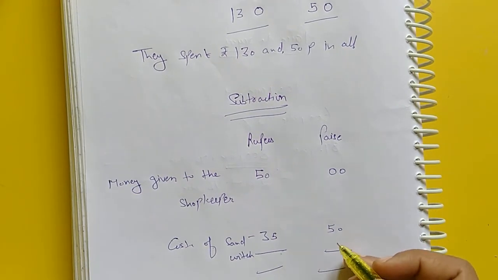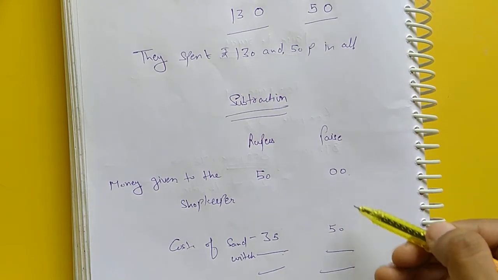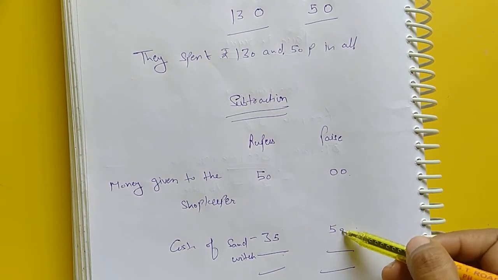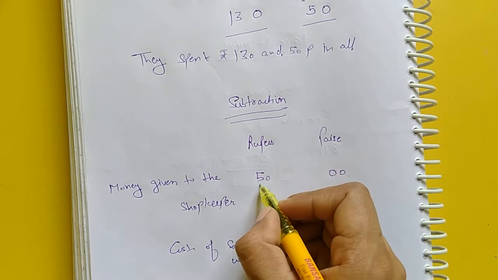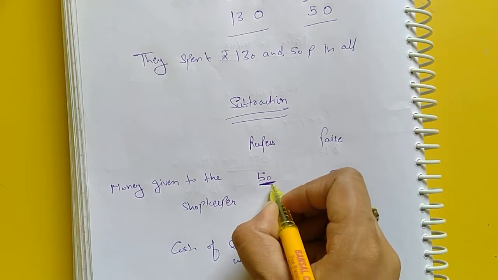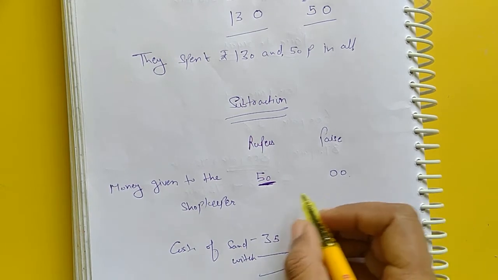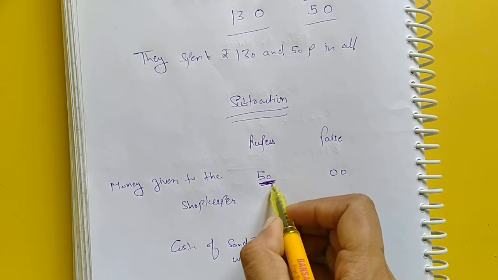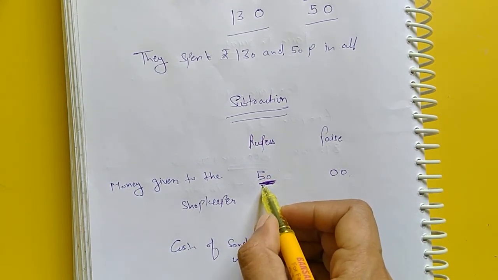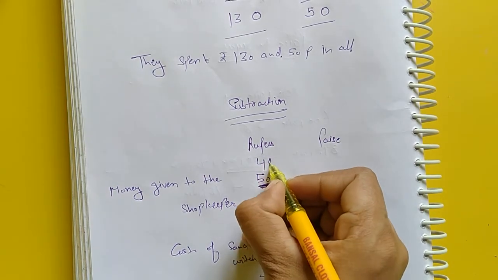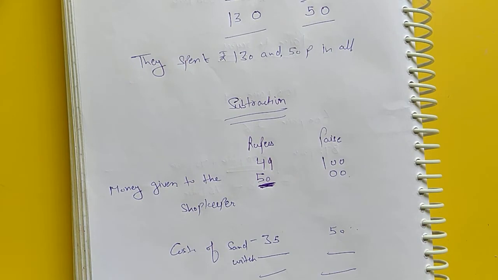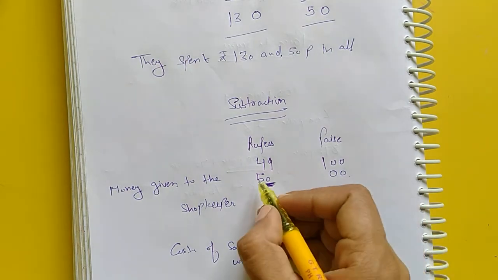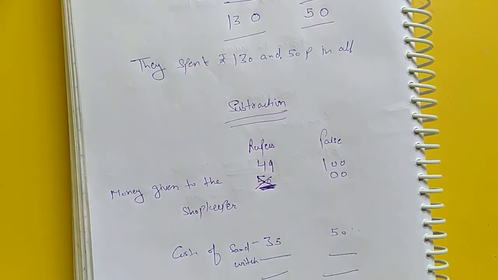For the subtraction, we don't have enough paise for subtraction. Okay, so convert 1 rupee into paise. This is 50 rupees. So convert these 50 rupees into 49 rupees and 100 paise. Okay, so cut this.